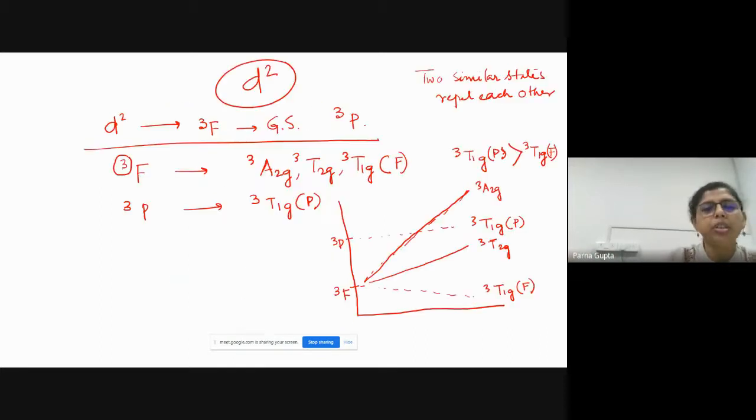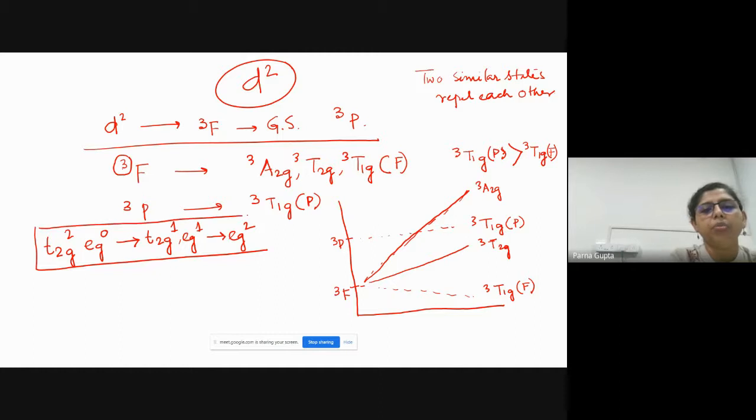What happens? You have for D2, t2g2 eg0, it can go to t2g1 eg1, it can go to eg2. So this is the term that happens.